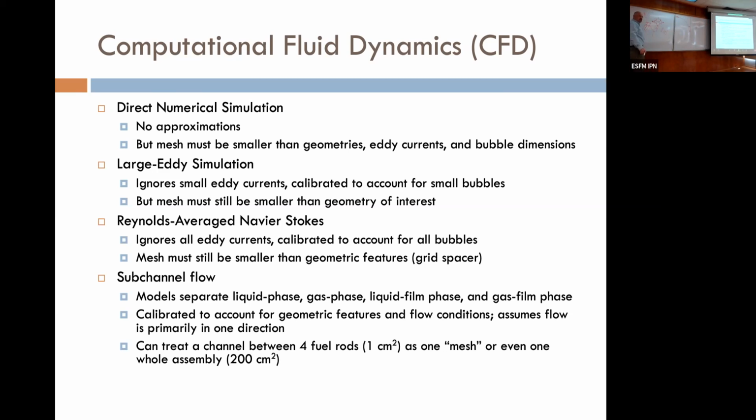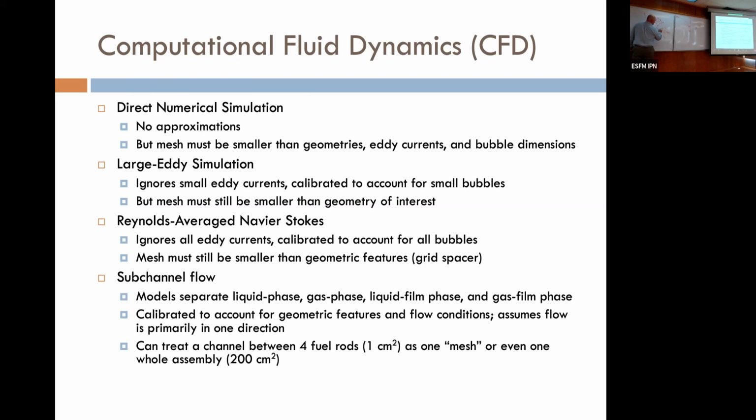Pretend that's 17 by 17. And I'm going to say all of this, which is 20 centimeters by 20 centimeters, and maybe I have this 20 centimeters or so also. All of that I treat as one subchannel. So all of the flow in between all of these regions, I'm treating as one.